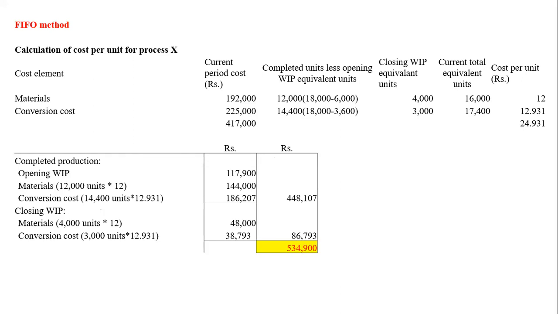That means during the period, you introduce and complete. So that particular cost should be applicable only for this 12,000. But with respect to the 4,000 work in progress, 12 plus 4 is 16. You got it? So with respect to the material cost, for current total equivalent units, we have to take only 16,000 and not 18,000.